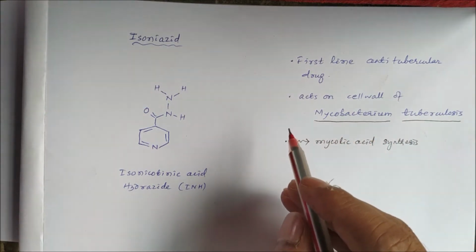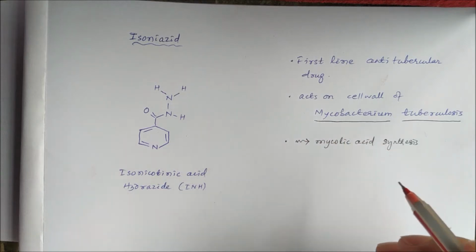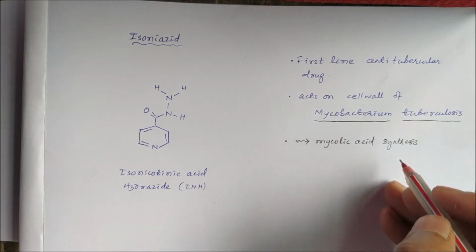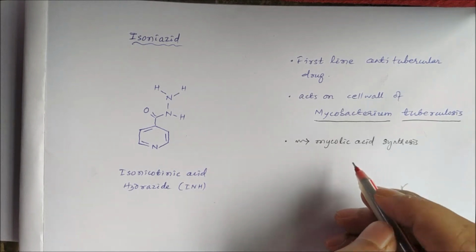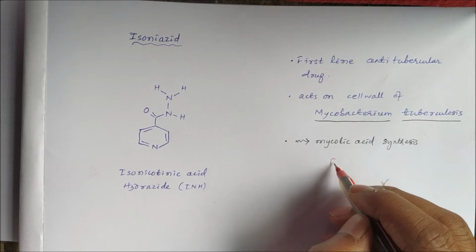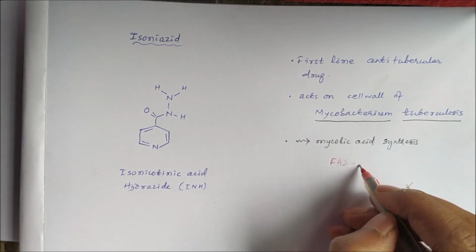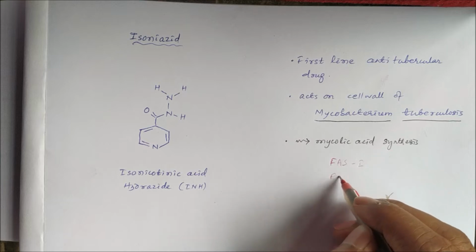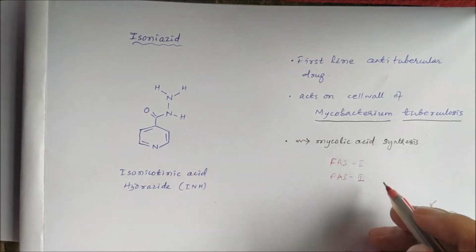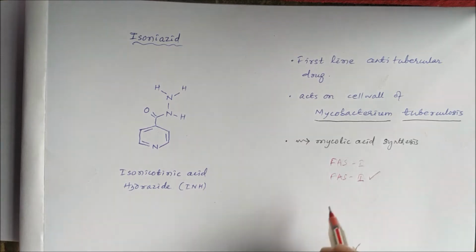It inhibits the cell wall synthesis, and in particular it inhibits the mycolic acid synthesis. During the mycolic acid synthesis there is involvement of two groups of enzymes called fatty acid synthase, FAS1 and FAS2, and isoniazid inhibits FAS2.